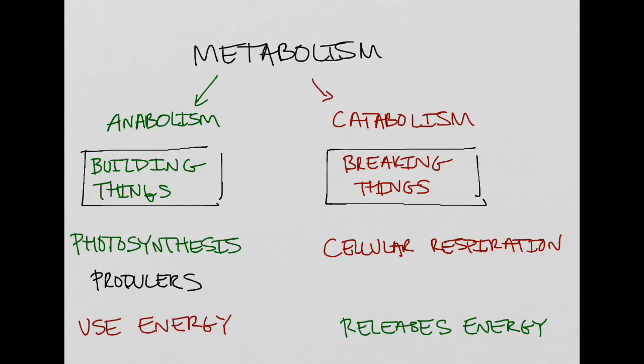It's a common misconception of students, or I guess people in general, that plants, producers, all things that undergo photosynthesis are only using the process of photosynthesis, this anabolic process, to create glucose, and that they don't undergo cellular respiration. Well, this is false. All living things undergo cellular respiration in some form or another.